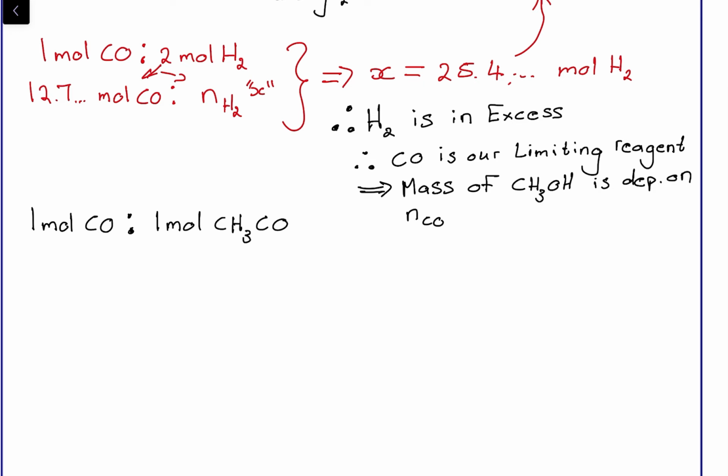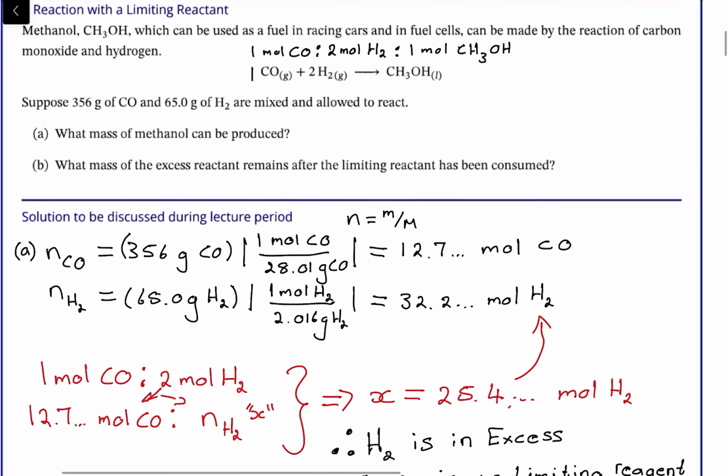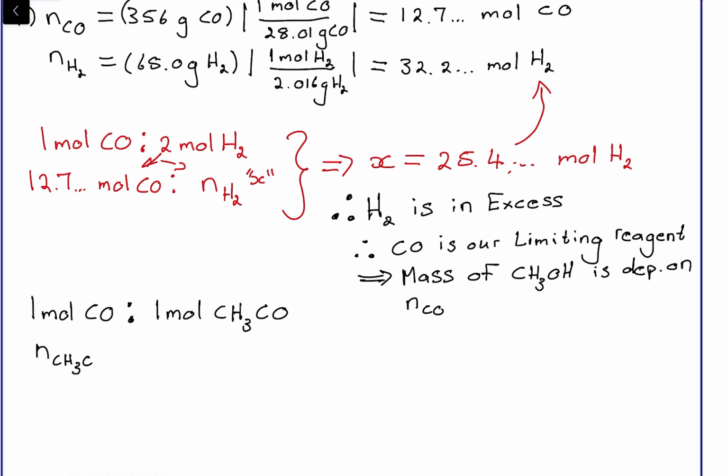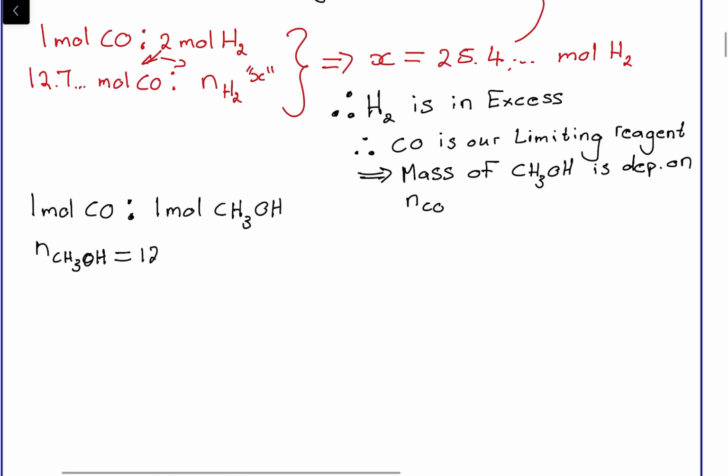And so that means the number of moles of CH3OH would be the same as our CO, which is also 12.7 and a bunch of numbers mole CH3OH.